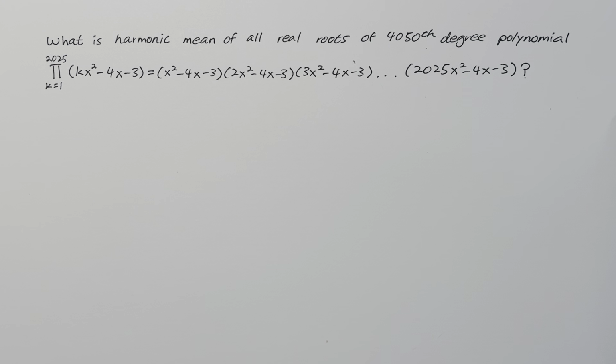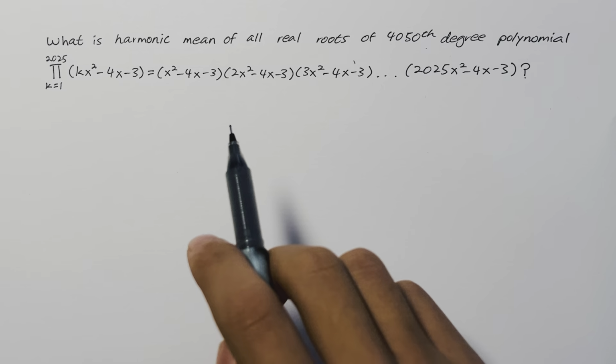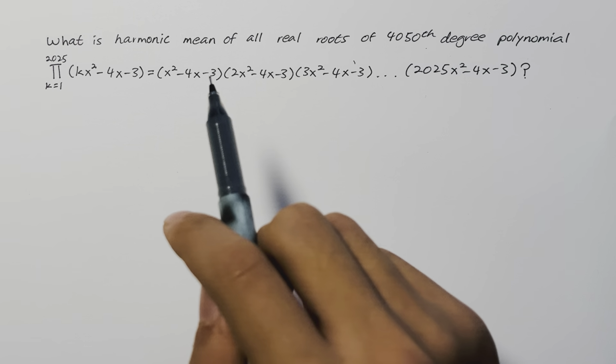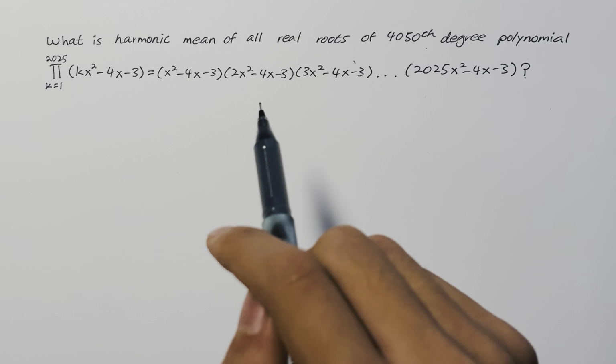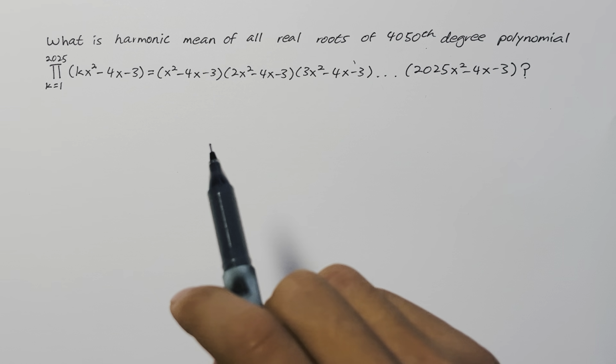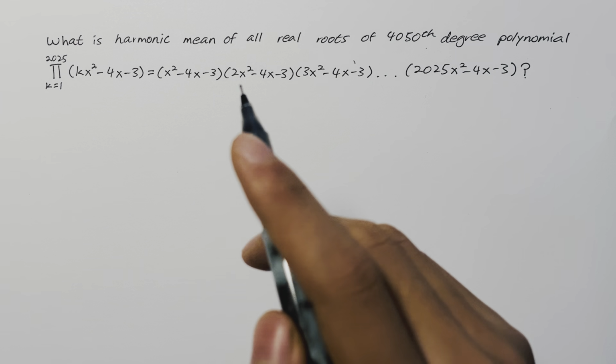Phase 1 is to deconstruct the objective. The first step is to translate the objective into a mathematical formula. The harmonic mean HM of a collection of n numbers, which we call Ri, is defined as n divided by the sum of the reciprocals of the numbers.